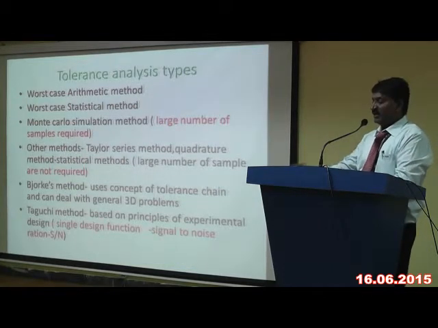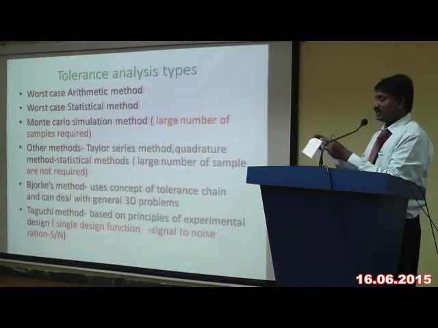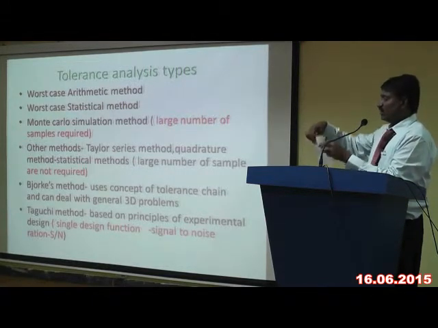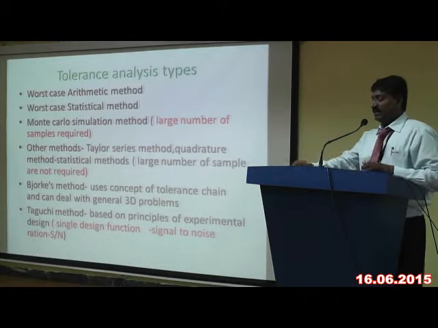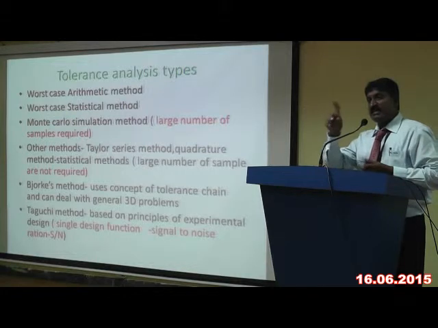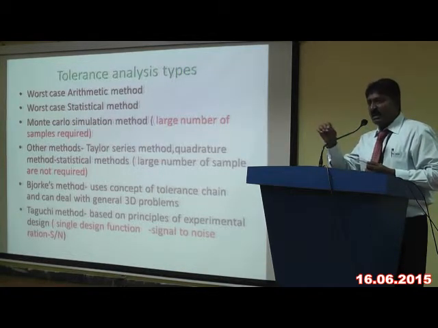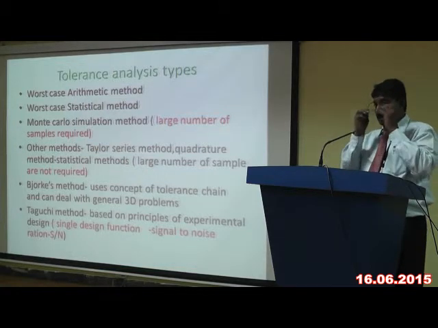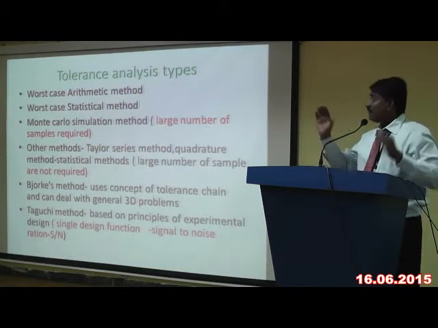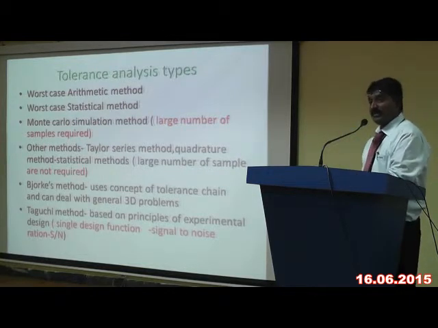So with the arithmetic method, for anything we take with various samples, we go in for the D tree and D chain, that is the dimension chain and dimension tree. We make the dimension chain and dimension tree, and then we go for the data. This is the simple method, the worst case arithmetic method.